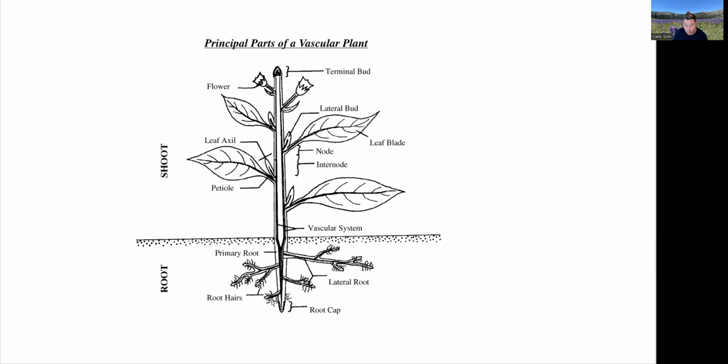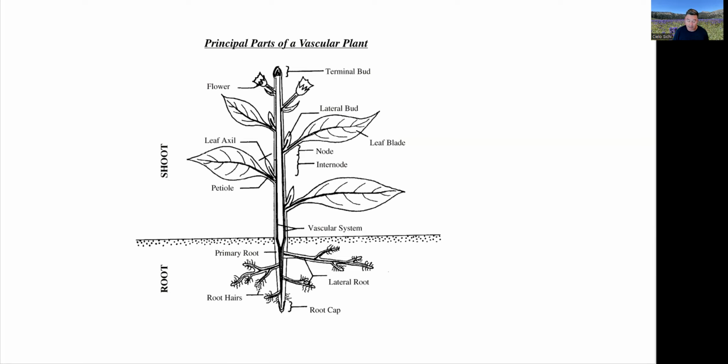Root cap is another really interesting part of a plant itself. It's another area that has meristematic tissue, and there's a big old protective plug essentially on it. Not big, but it's there. And then also root hairs. Okay, so root hairs coming off, and root hairs, we'll get into it when we get into the inner plant and roots.